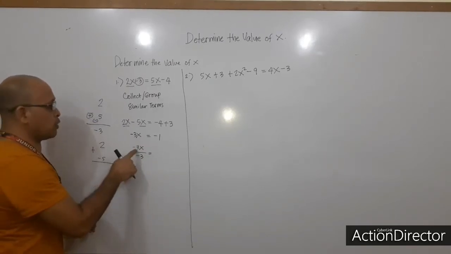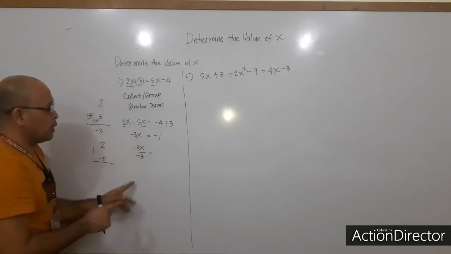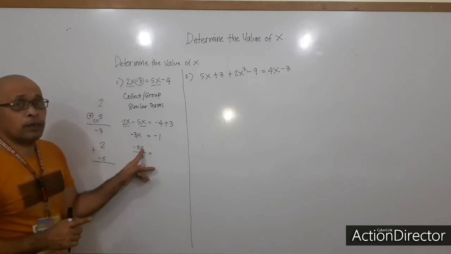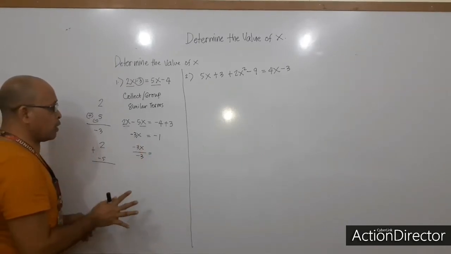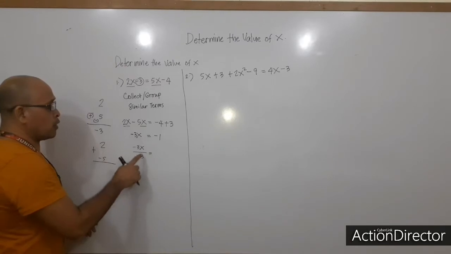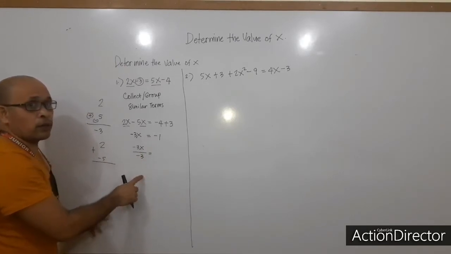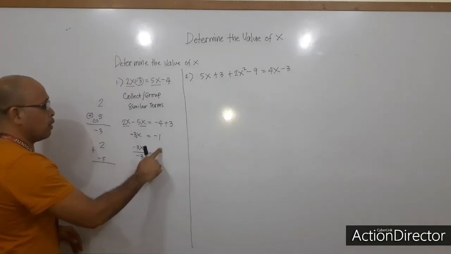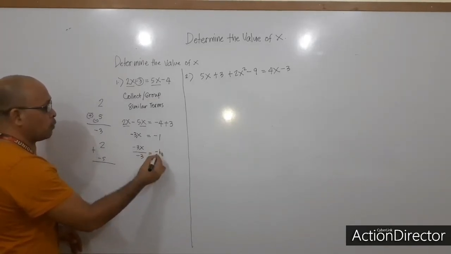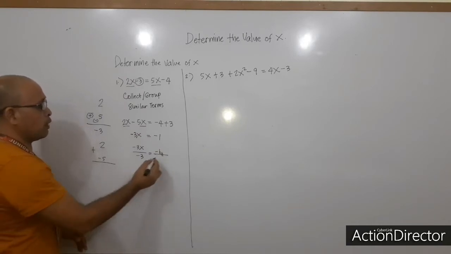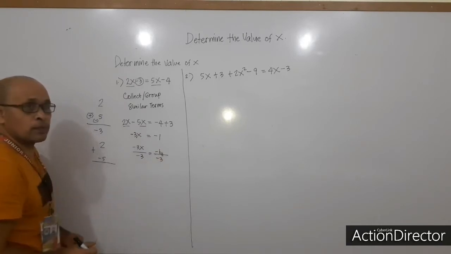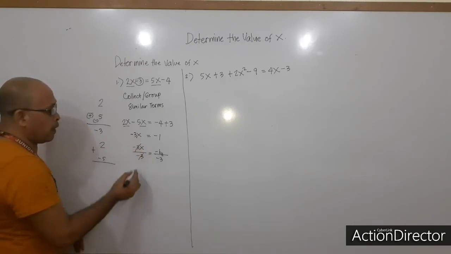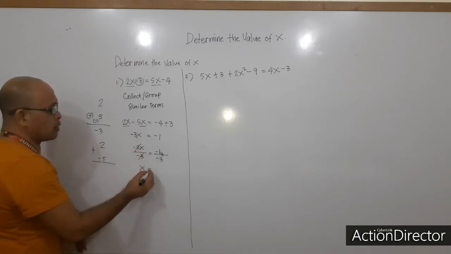Whatever the coefficient of x is, use that as the divisor if you are going to solve for the value of x. Because the purpose is that at the end there is only x without a coefficient. So bring down negative 1, and then divide by negative 3 also. Then you may cancel negative 3, and this will be x.